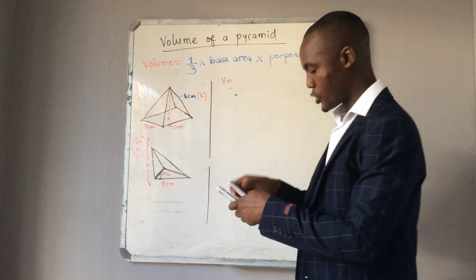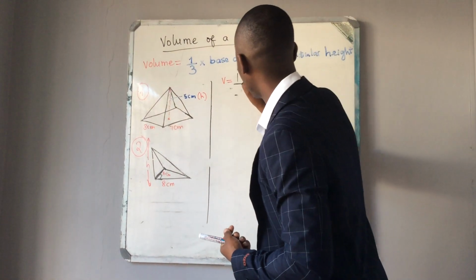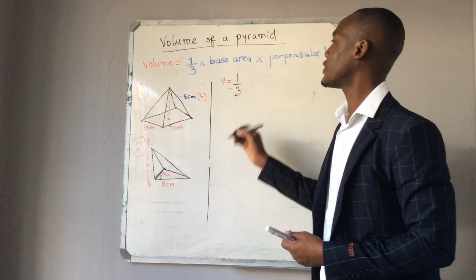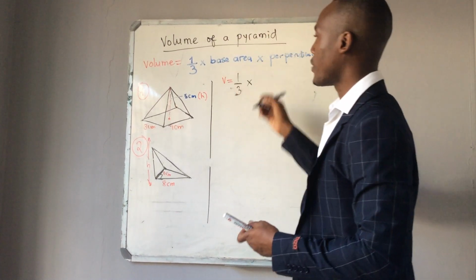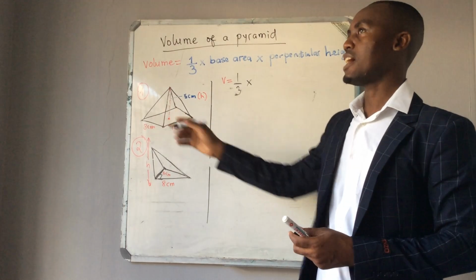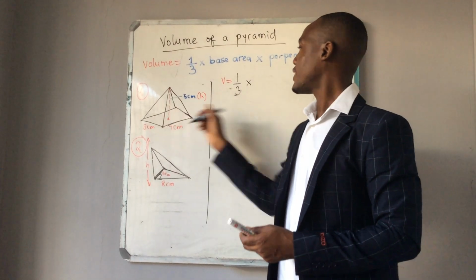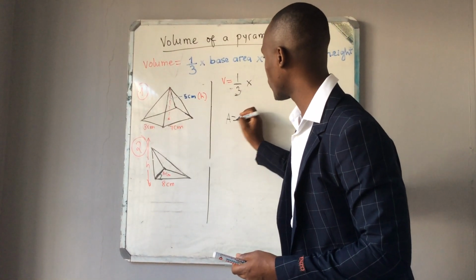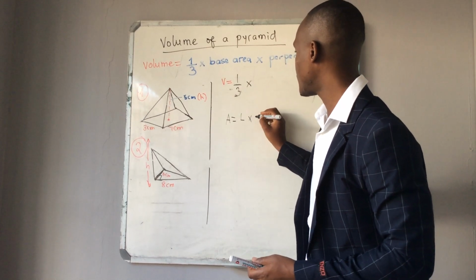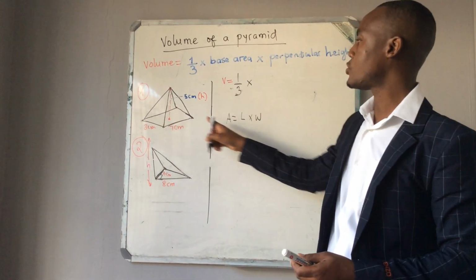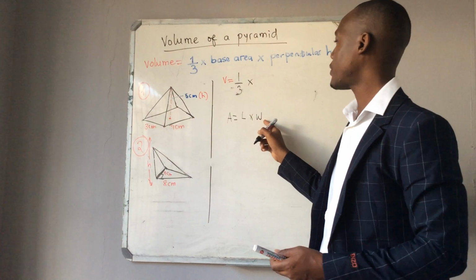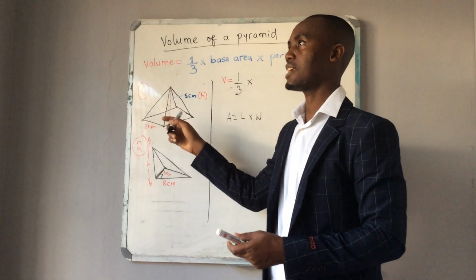So the first step is to plug in the values in the formula. So we have 1/3 times the base area. We can quickly find this base area because the area of a rectangle equals L times W. Now your L is your length and W is your width, which is in this case 3.